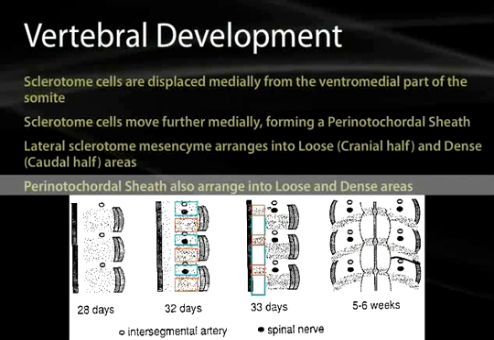The blue and red will break down the loose and the dense components of those in the sclerotome, and then in the 33-day picture you can see that same dense-loose connection that's happening at the perinotochordal sheath. Finally, in the last component, you can see how the nerves are starting to grow in there with vessels, and they're alongside the somites, and this is at about week 5 or 6.